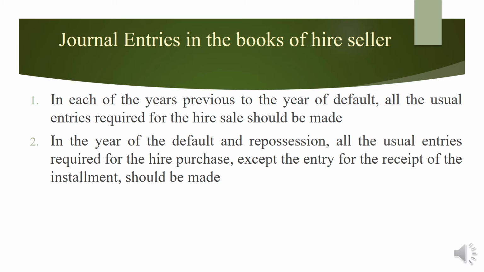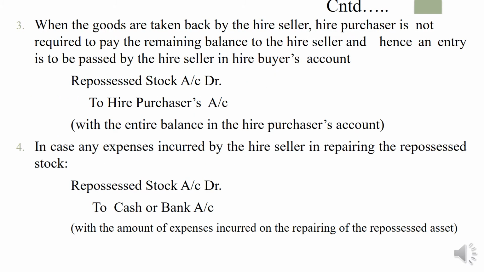In the books of the hire seller also, the journal entries before the default are passed in the same way as before. But in the year of default, as we discussed in the previous slide, since the hire seller is not going to receive any installment, that journal entry will not appear here, but all the remaining journal entries, even in the year of default, are passed.